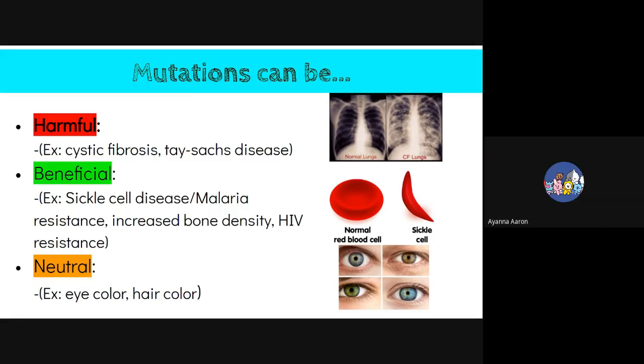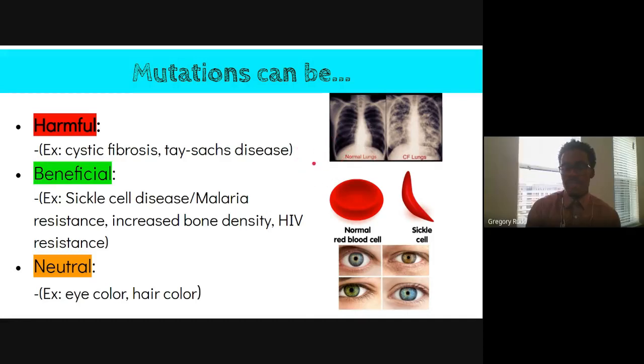I have a question. Yes. So you know how people can be born with an extra limb? Is that supposed to be harmful or beneficial or neutral? I think most people would say harmful.